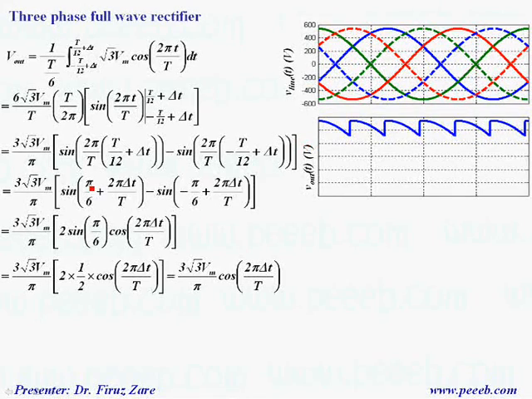We can simplify again, because sine pi over 6 is 1 over 2. So 2 times 1 over 2 is 1, and 1 times cosine 2 pi delta t over T is this term. And we have this term here again.